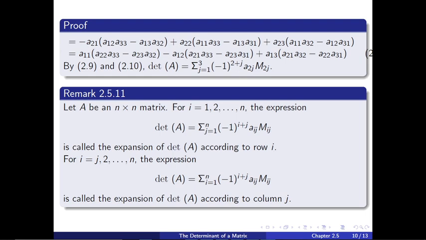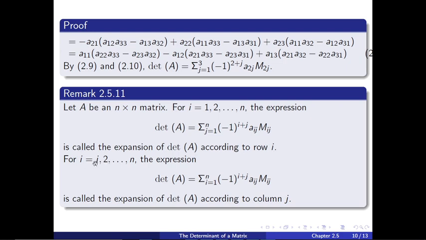So therefore that is true, but it's true in general, really. We just proved a special case, right? So let A be an n by n matrix. For any row i, the expression is called the expansion of the determinant of A according to row i. And here it's supposed to be j.